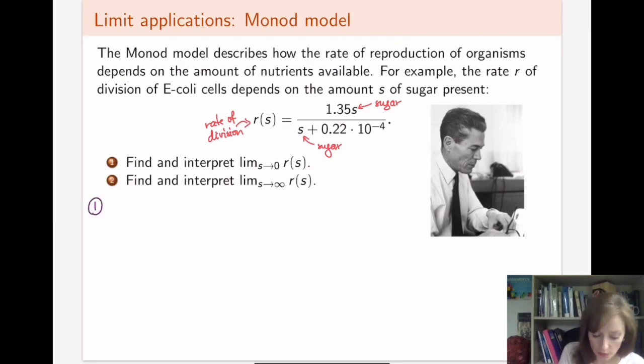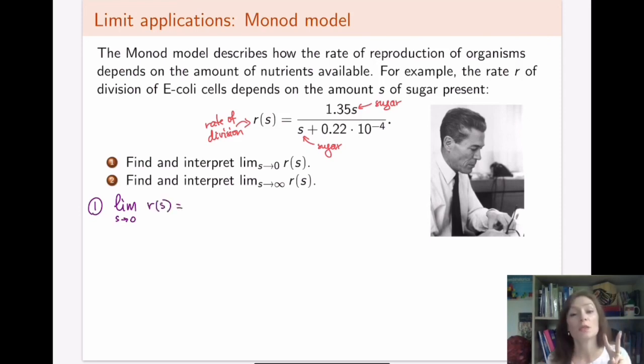Okay, so first of all, let's do the interpretation step. The limit as s goes to 0 of r of s. Once again, there's always two pieces to a limit: what is it that you're computing, and where you're computing it at? You're computing r of s, which is the rate of division.